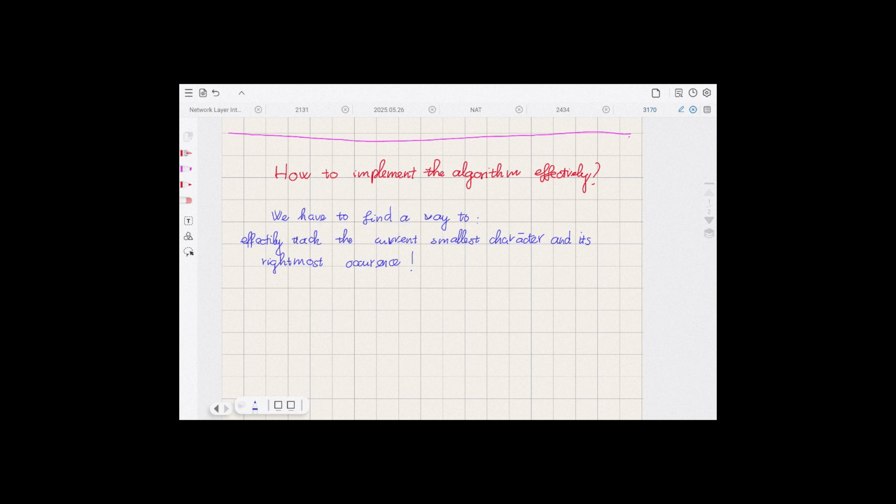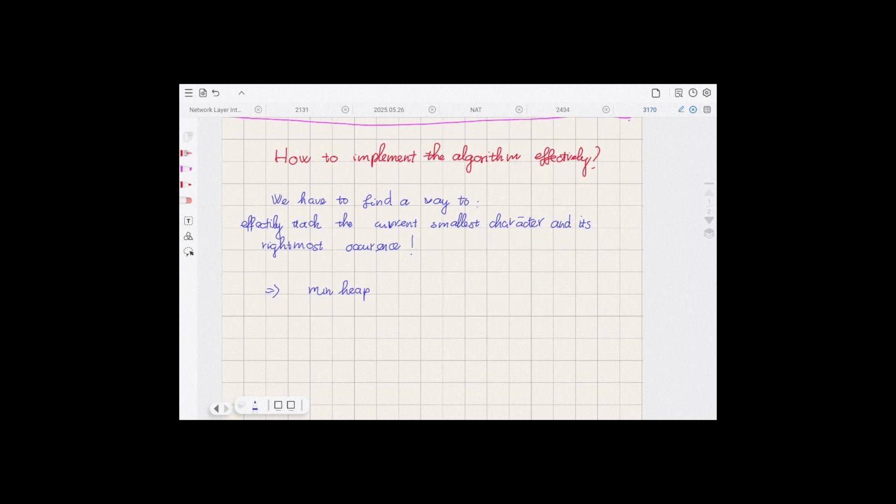What is the data structure to effectively satisfy such requirements? If your answer is minHeap, then you have the same idea as me.